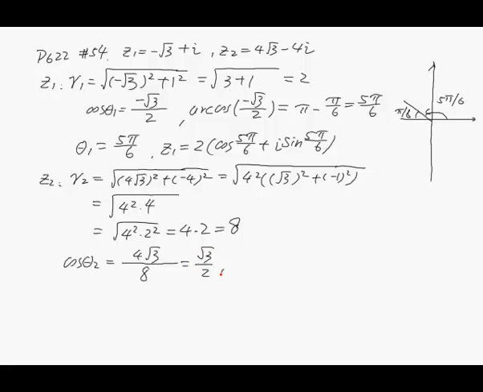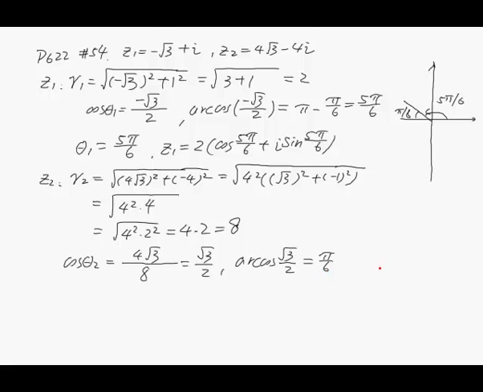So now we can get the arc cosine of the root of 3 over 2, and this is equal to pi over 6. But this pi over 6 is not argument of this complex number.